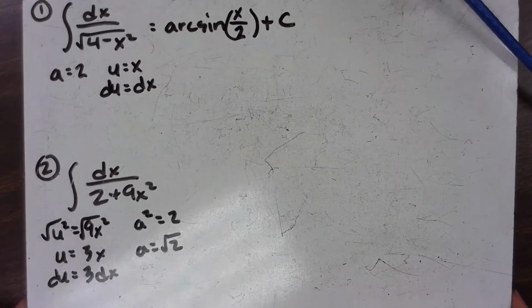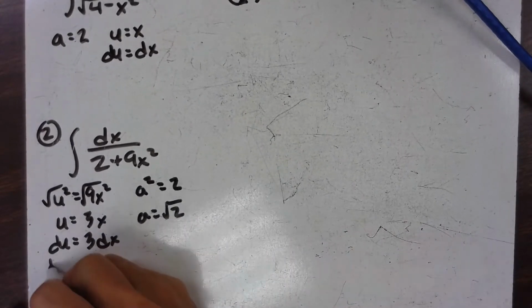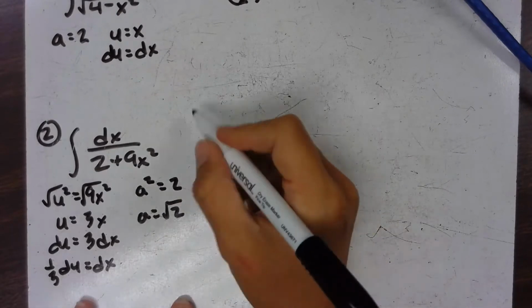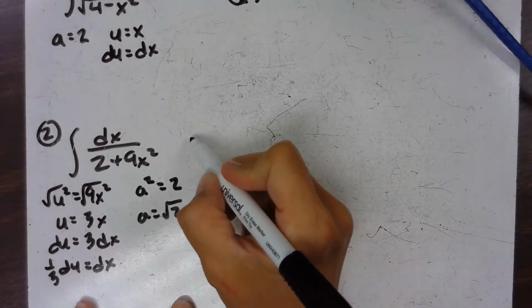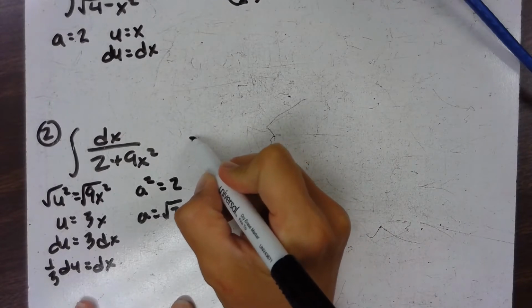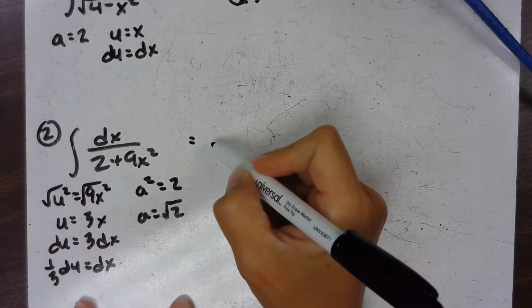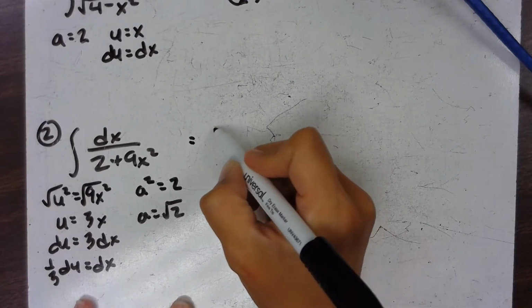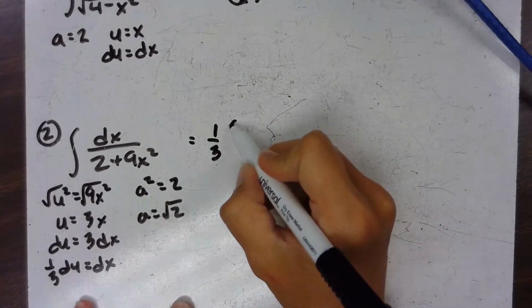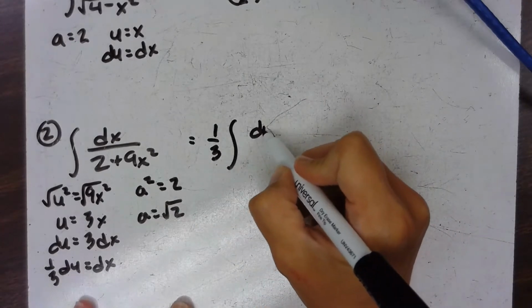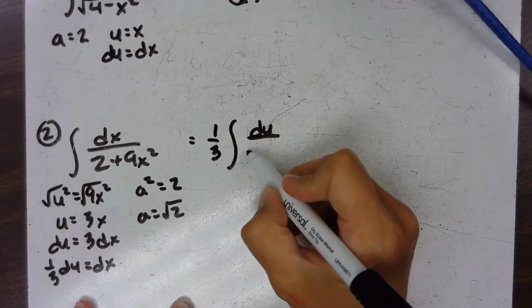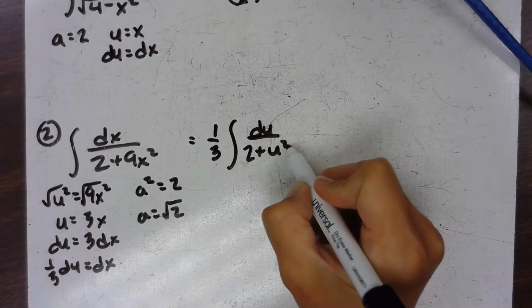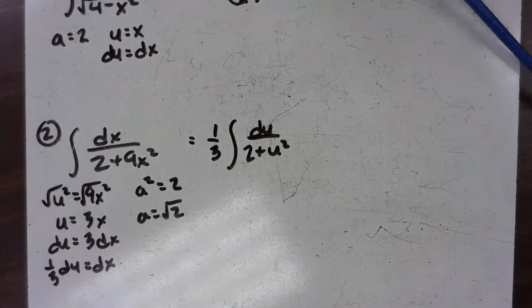I don't have the 3 on there, so I'm going to move this over. I'm going to need the 1/3. If you want to, we can go ahead and change this so it looks like that right there.